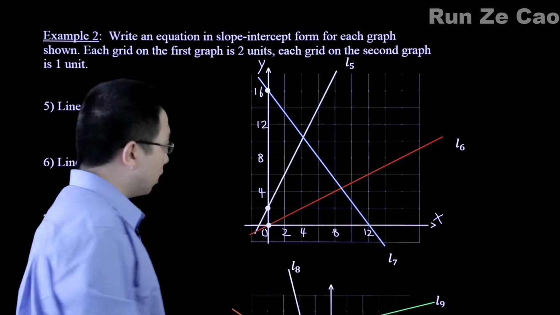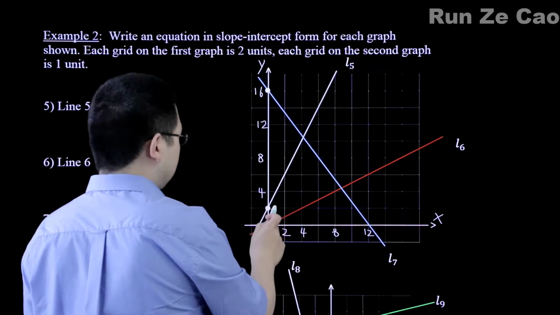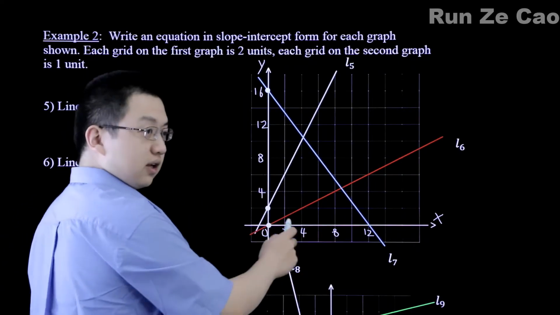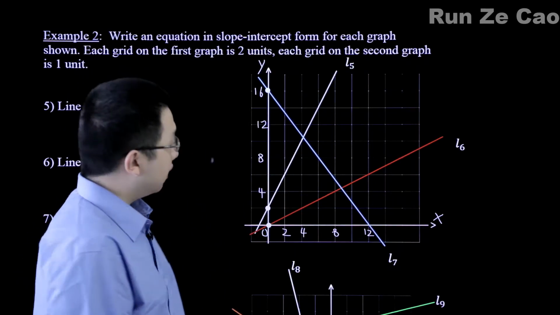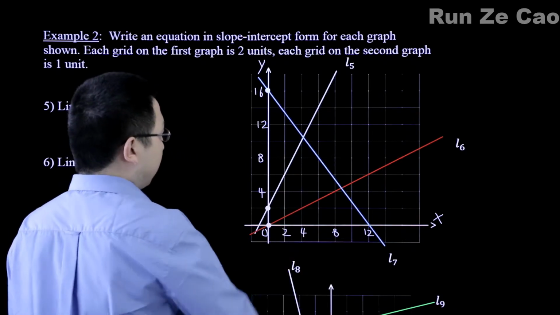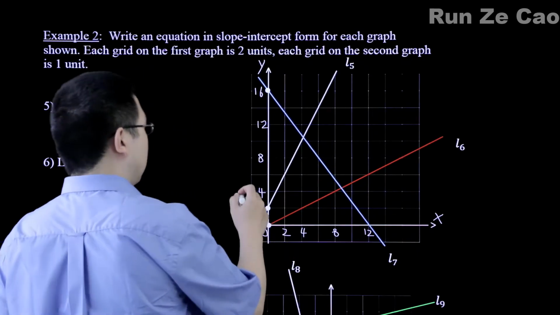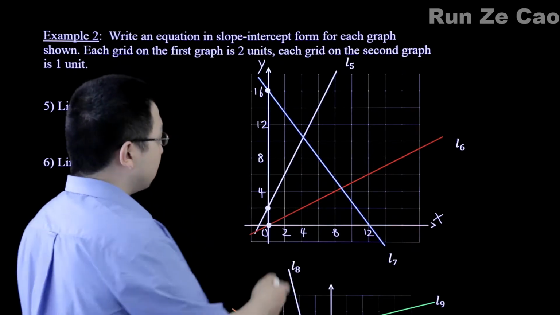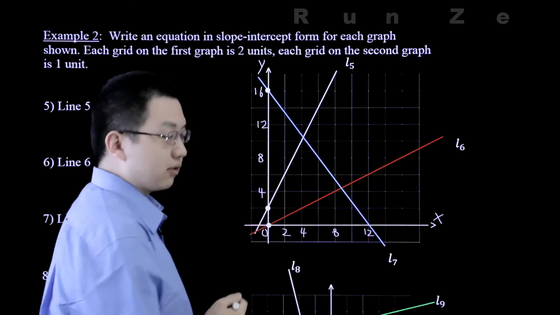So we look at the slope of line 5. For every 2 units across, it goes 4 units up. Or rather, for every 1 grid across, it goes 2 grids up. Why are we counting grids instead of actually doing the units? It's because they happen to line up conveniently enough. And besides, as long as the scales for the horizontal and vertical axes are the same, i.e. it's not like 1,000 to 1, you can just look at the grids.